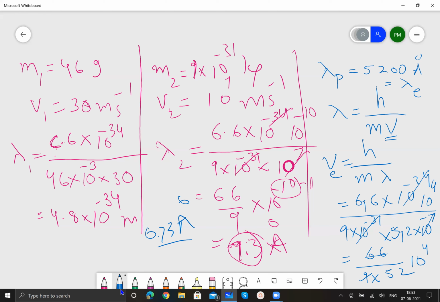So this is 7.3 by 50. 7.3 by 50 means 5 times 5, 1470. So 1.4 means 0.14. So it is 0.14 into 10 to the power of 4 meters second inverse, or 1400 meters second inverse.